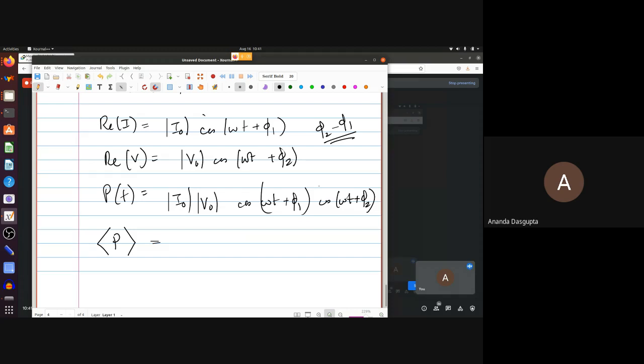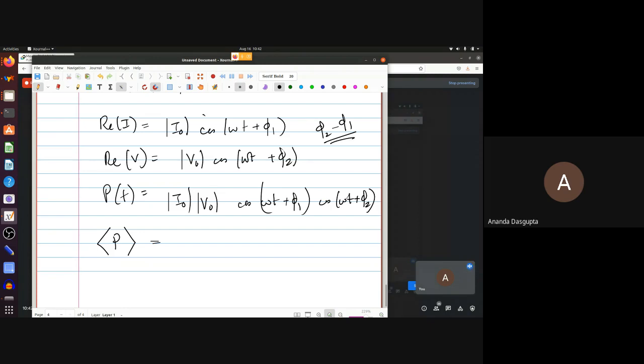When you use the product to sum rule, one of the terms will have omega t plus phi 1 plus omega t plus phi 2. That's a cosine of alpha plus beta. You'll also get an alpha minus beta. And the alpha minus beta term does not have an omega t in it. That's a constant. The constant, of course, averages to its value. The other term, which has cosine 2 omega t in it, will oscillate rapidly. You'll have positive and negative terms, and that will just cancel.